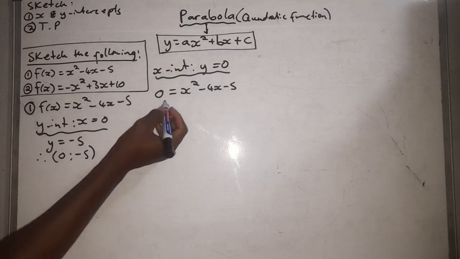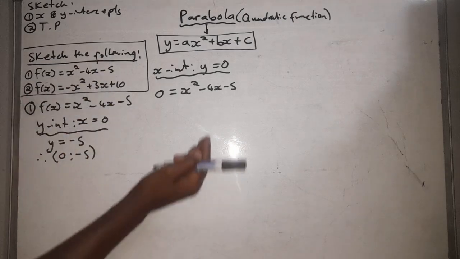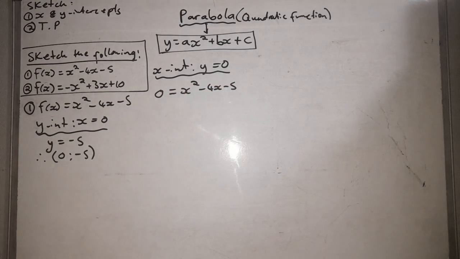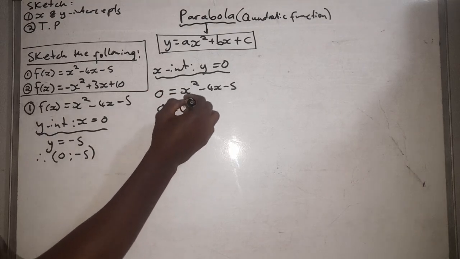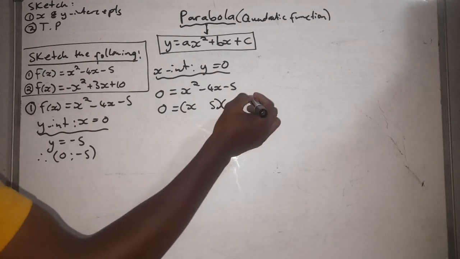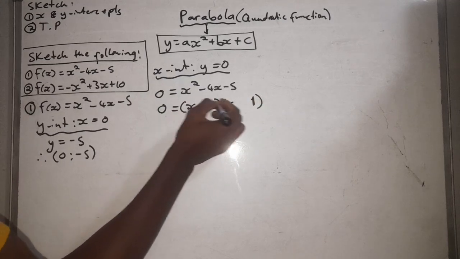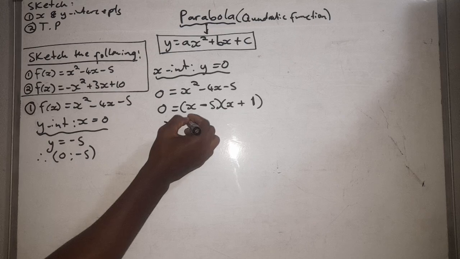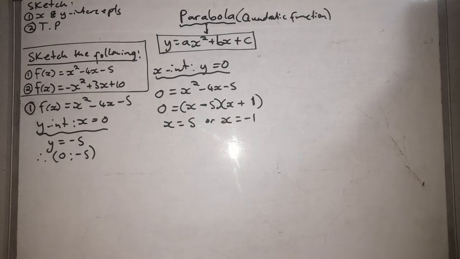I encourage the quadratic formula because it doesn't take too much time, but for something like this without a coefficient, it's easier to factorize. So I'm just going to factorize here: 0 equals x, x, factors of 5, minus for the middle term and plus over here. Then x will equal 5, or x will equal negative 1.